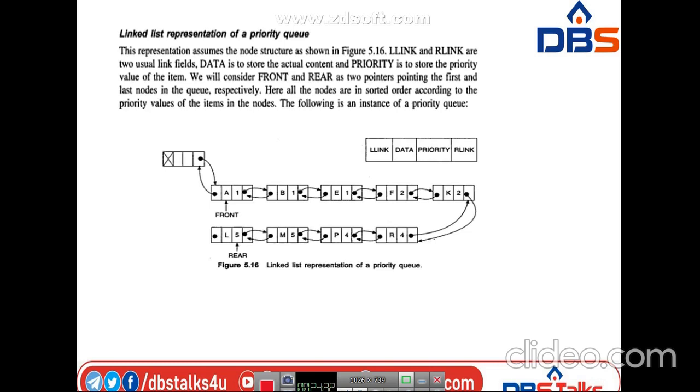Whenever representing in the node manner, the left link is used to store the previous node address, and the right link is used to store the next node address. The data means actual data, and priority means the actual priority value associated with each element. So this is the representation of the priority queue by using a linked list.